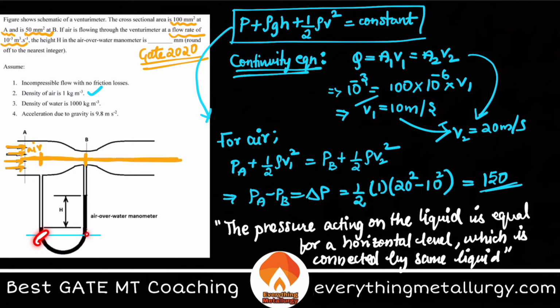So these two are equal. The same Bernoulli can be applied, but in another fashion. One more important thing that you have to know is that the liquid present should be static, that means it should be in its rest position. Then and only then do we say that there is a hydrostatic equilibrium, that means the pressures are equal at this particular horizontal level, right?